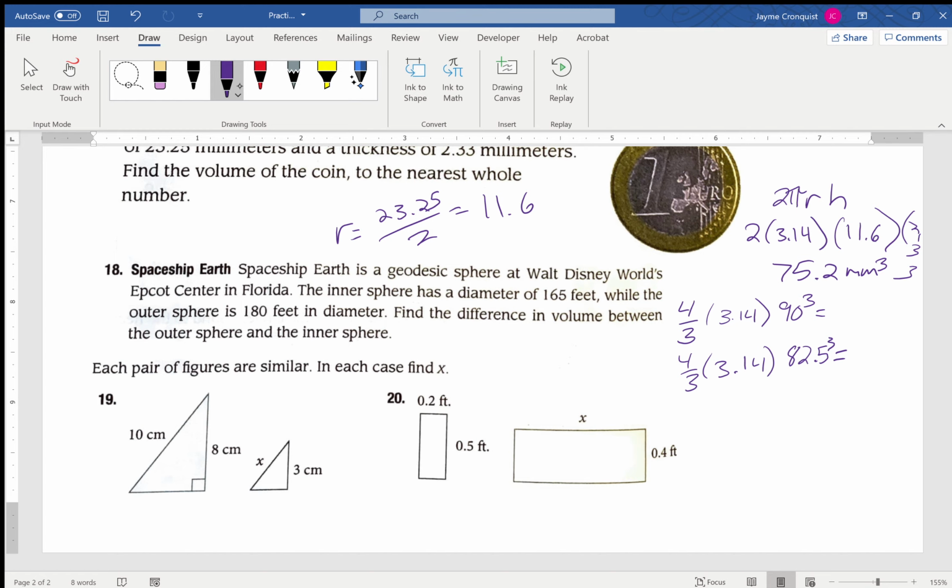Okay, the first one, when divided by 3, is 3,052,080, and the second one is 2,350,878. Okay, so the bigger one minus the smaller one, and we get 701,201 cubic feet.